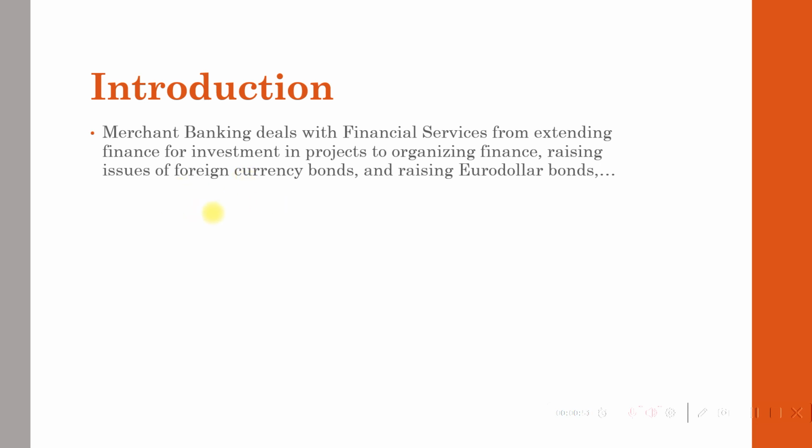So for the issues of foreign currency bonds, merchant banking is involved. Also in raising euro dollar bonds. What is euro dollar bonds? Euro dollars are basically a US dollar deposited outside of US. And a euro dollar loan is a loan that bears interest rate based on LIBOR, or London Interbank Offered Rate.